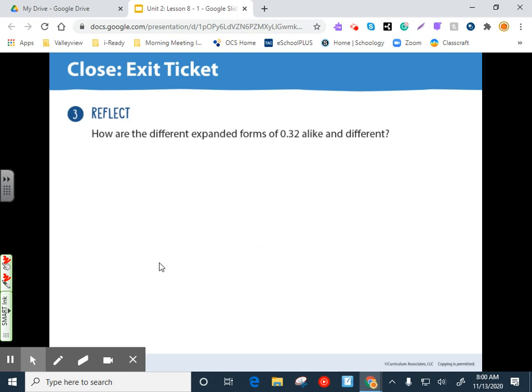All right, so how are the different expanded forms of 32 hundredths alike and different? Well, we'll just write it this way. One is the sum of tenths and hundredths.